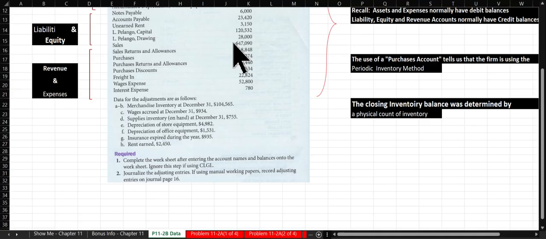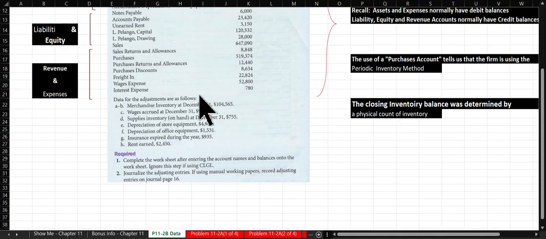So whereas the sales or revenue would be a credit, this would be a debit. Same thing in here with these inventory related accounts. Purchases would be a debit, but the purchase returns would be a credit. Same thing would be true for the purchase discount.